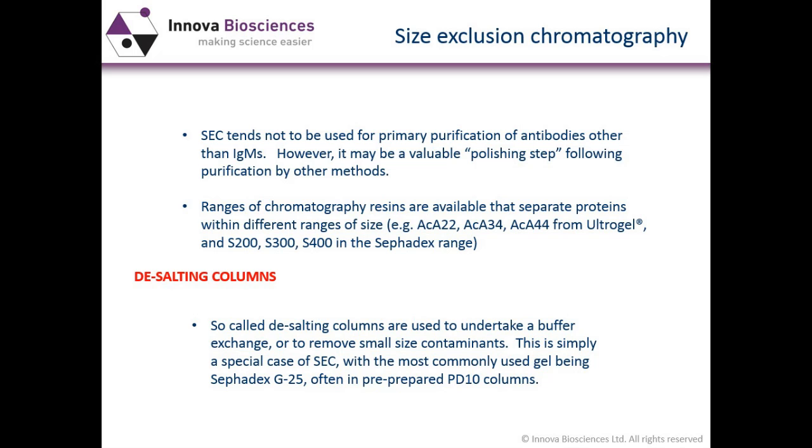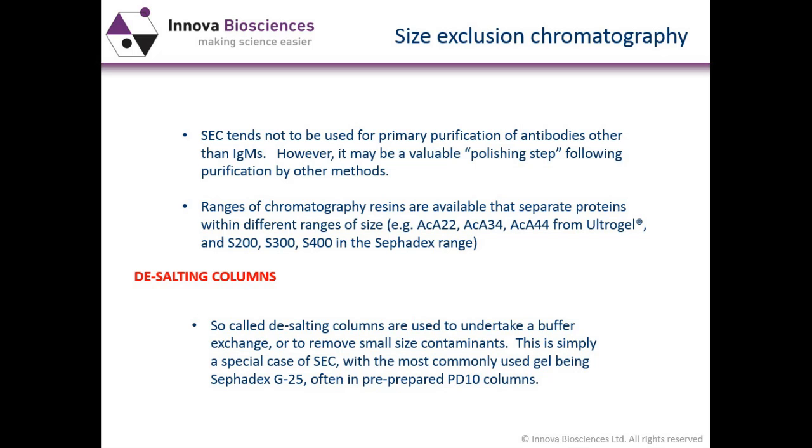I did just want to mention a particular use of size exclusion chromatography, and that's in the area of so-called desalting columns. Desalting columns are generally small volume columns that are used to undertake a buffer exchange or to remove small size contaminants from a buffer.